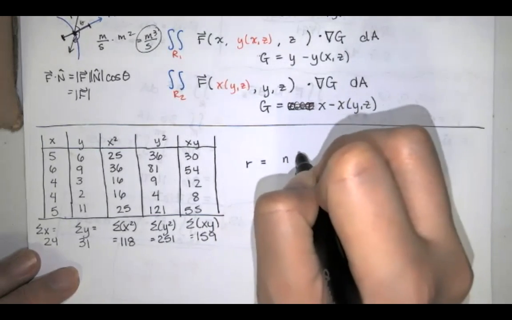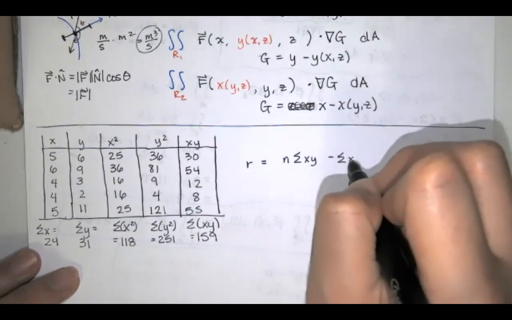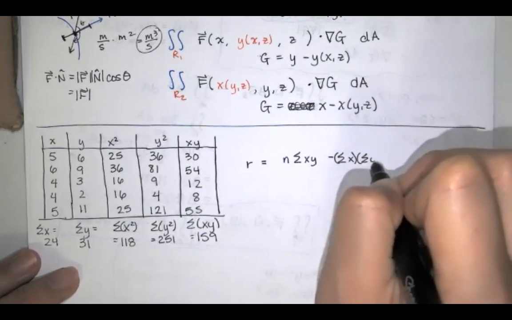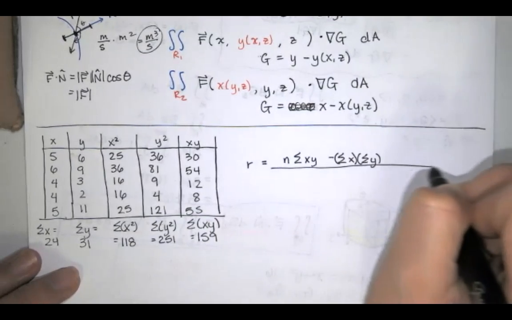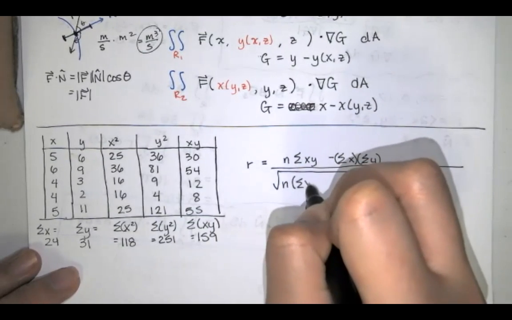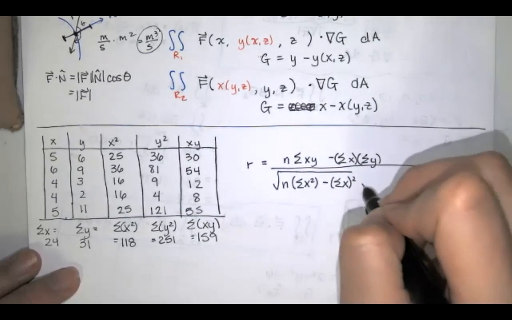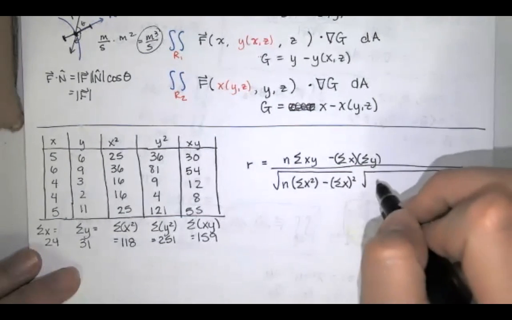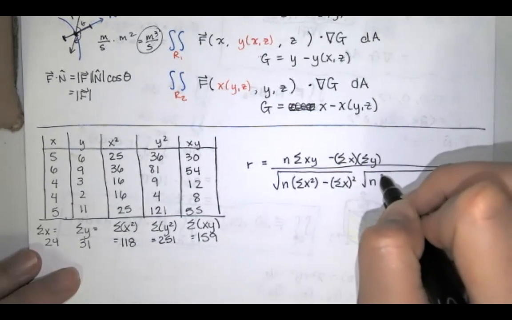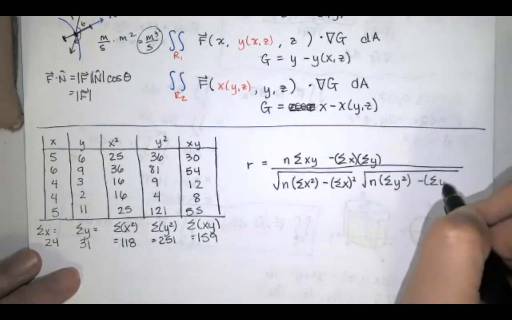It was n times the sum of the x's times the y's, minus the sum of the x's times the sum of the y's, all divided by the square root of n times the sum of the x squared minus the square of the sum of the x's, times the square root of n times the sum of the y squared minus the square of the sum of the y's.